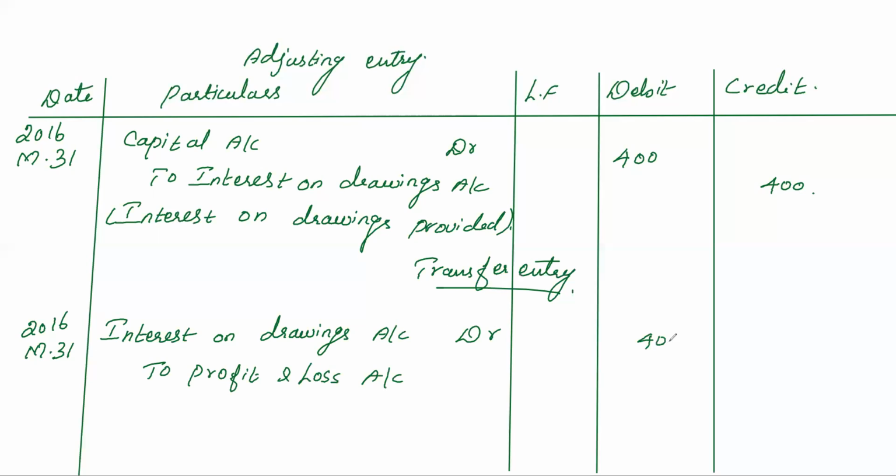So the amount is 400. The interest on drawings transferred. That's all.